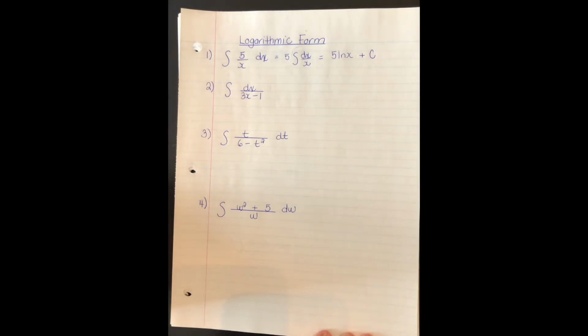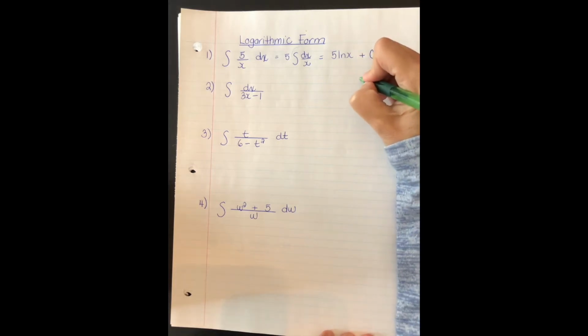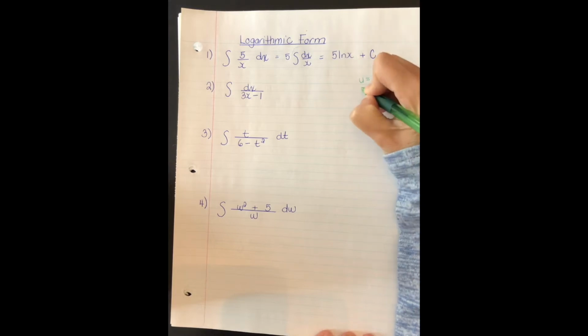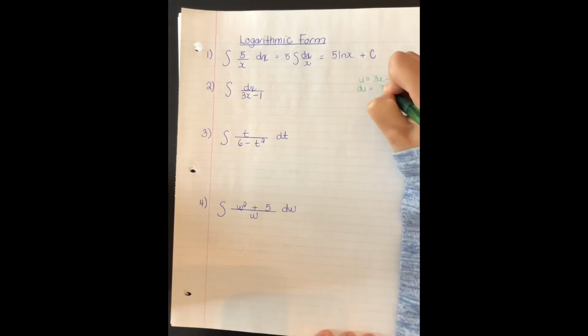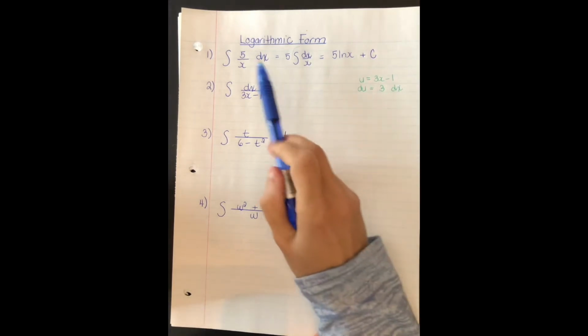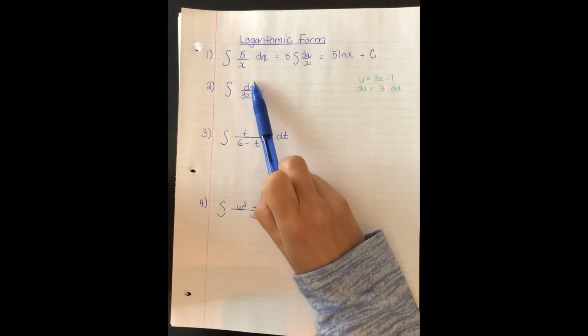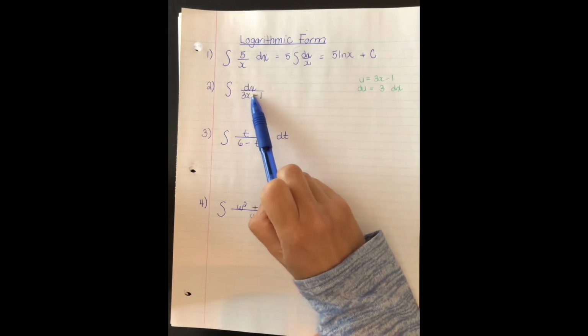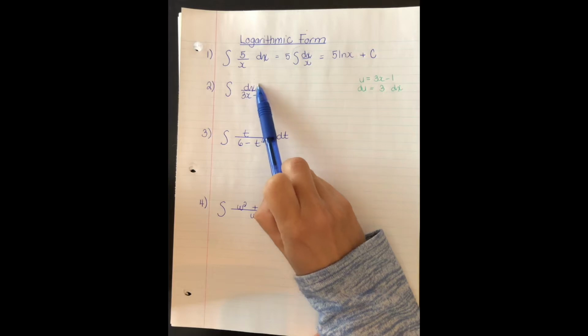I mean, if you wanted to actually use substitution here, you can. You'd say that u is 3x minus 1. So du is 3 times dx. Okay, so we don't have up here 3 times dx.